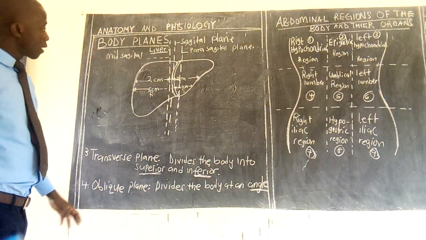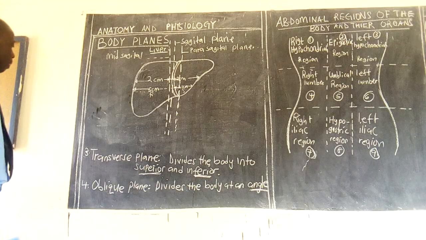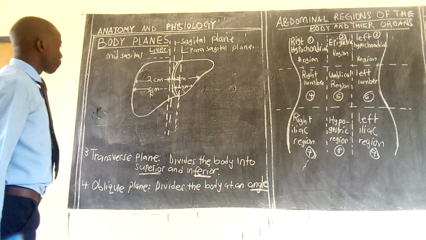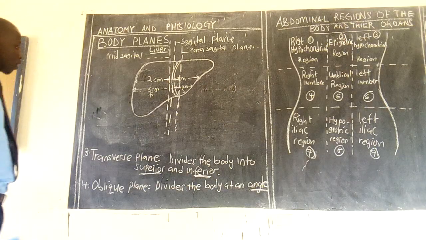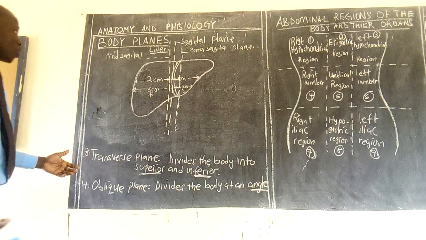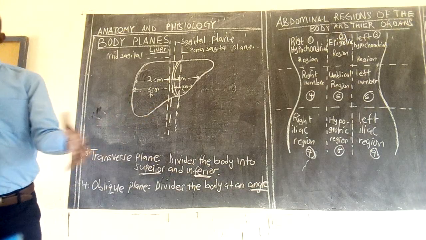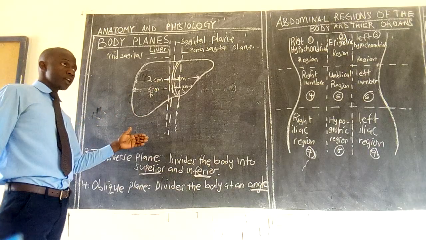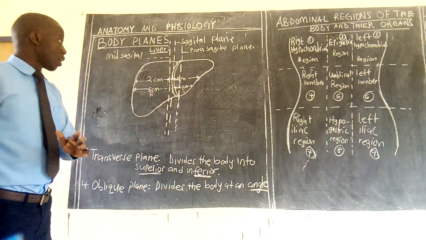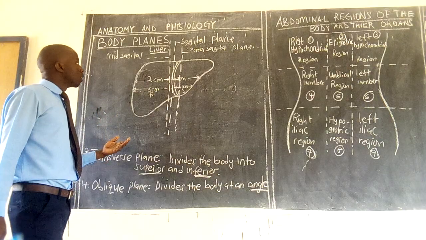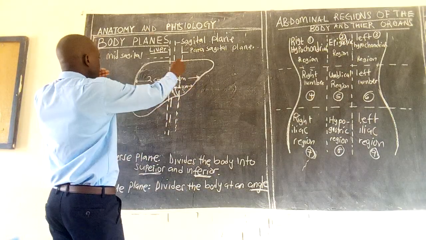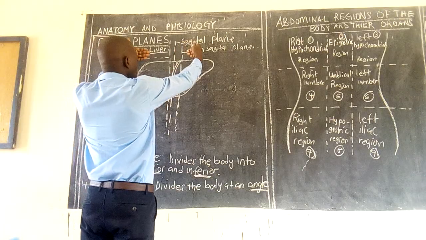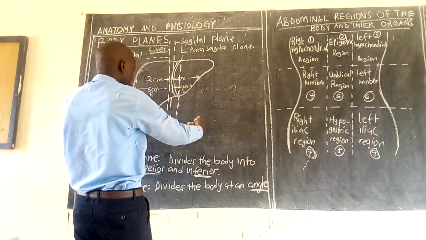If I'm to make a coronal plane, we said a coronal plane divides the body structure into front and behind, or anterior and posterior. So my line of dissection is going from this upper structure, and I dissect it like this.